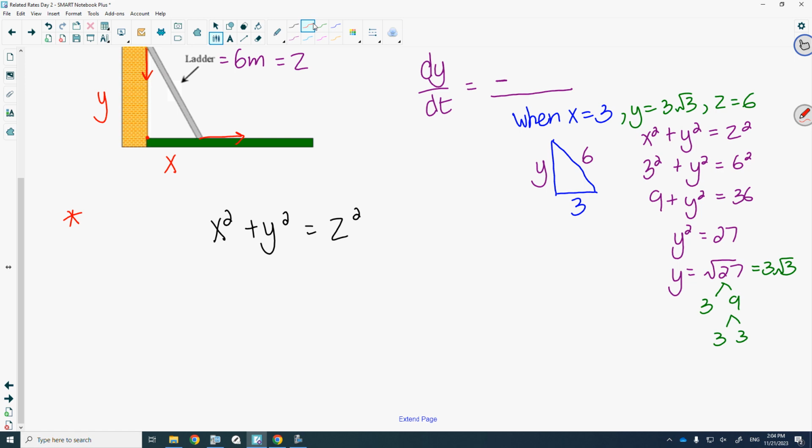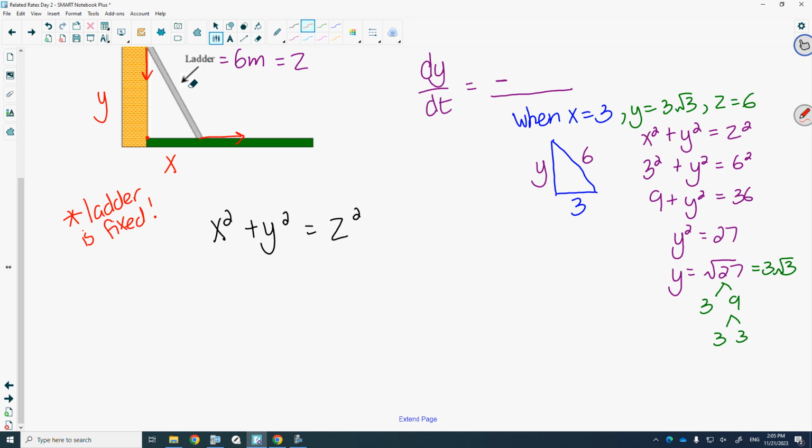Remember yesterday when we were filling up the volume of the cylinder, the radius doesn't change. That would be fixed. Do you know what's never going to change in this diagram? The ladder. Yes. So anything that's fixed gets input before you implicitly derive. So the ladder is fixed.